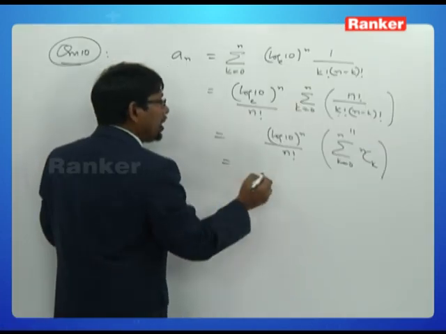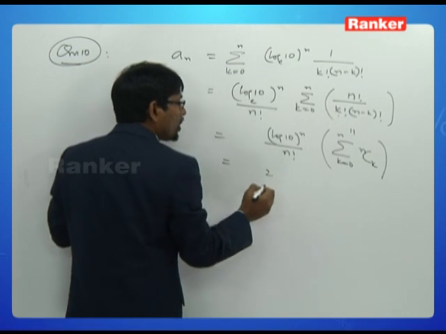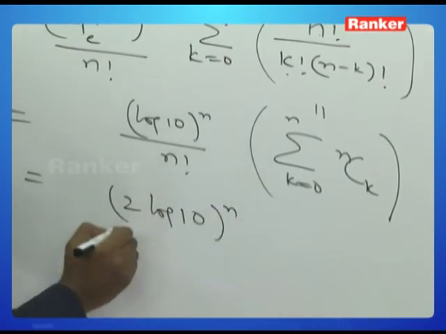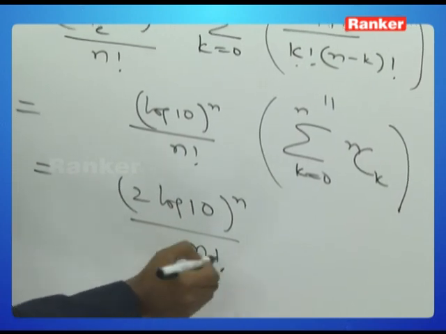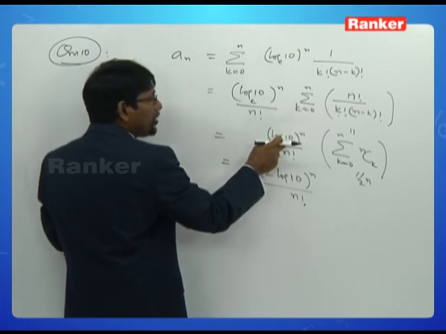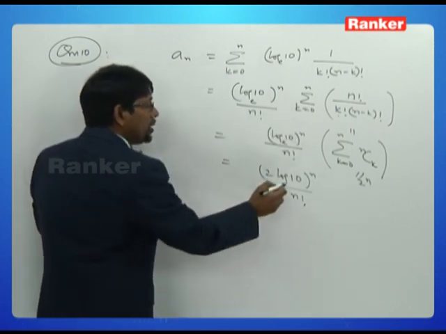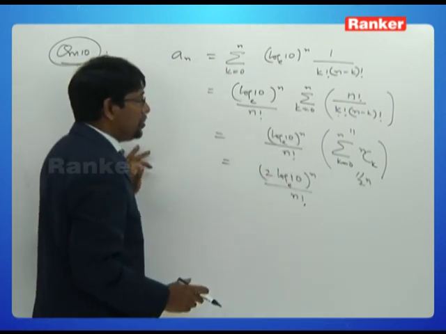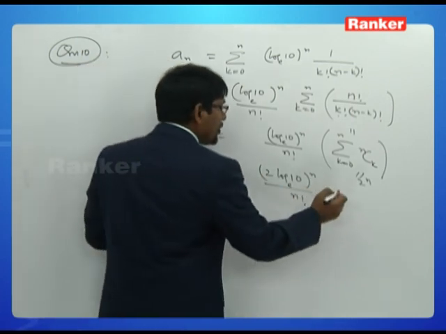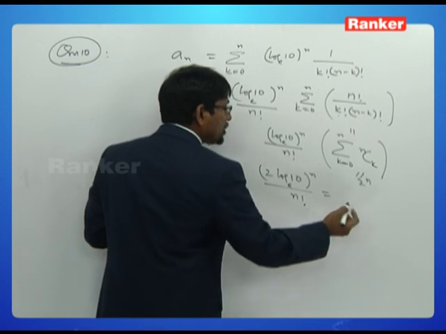So that comes out to be, this is 2 power n. So 2 into log 10 raised to the power n by n factorial. This 2 power n and a log 10 power n, I am clubbing them up into one base. So we'll have 2 into log 10. That makes it actually, what does it make it?